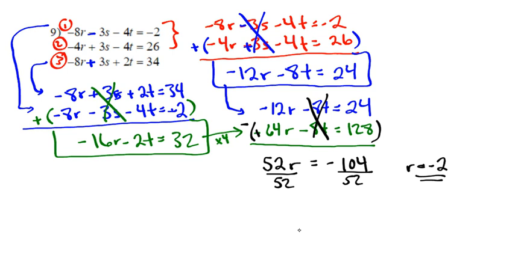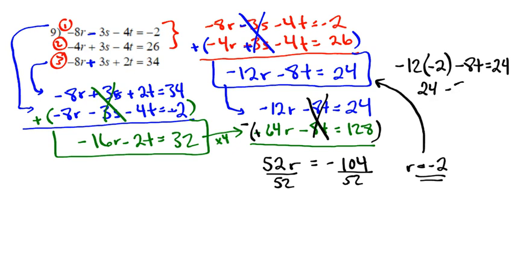So we got our first piece of information. What do we do with it? Well, we can take it either to this equation or this one. I'm going to put it back in here. Now I know that r is -2, so when I come to that variable in that equation, I will replace it with -2. And now I will solve 24 minus 8t equals 24.